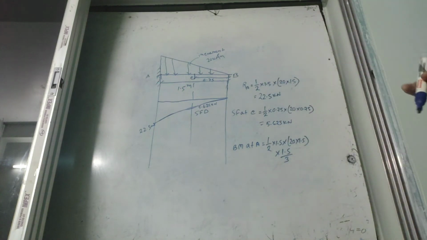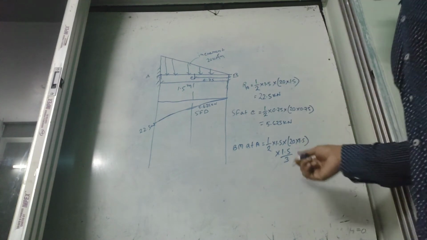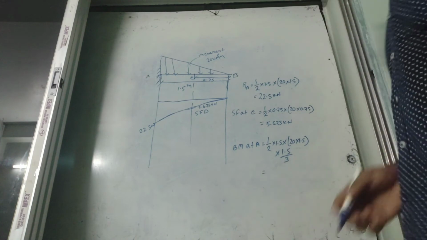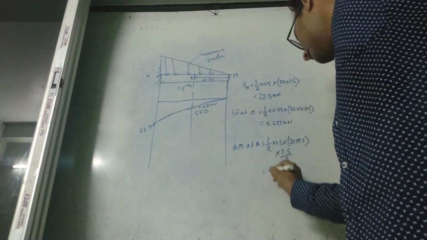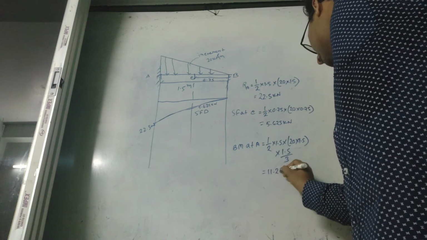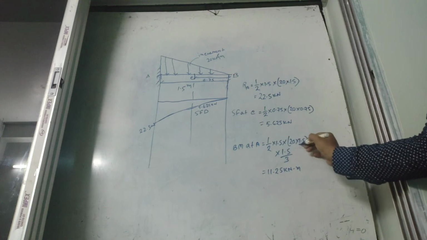In case of UDL, uniformly distributed load, that is half, but in case of UVL, that is 1/3. Now we calculate 1.5 into 20 into 1.5 into 1.5 divided by 6. The answer is 11.25 kilonewton meter, because force is multiplied with distance.